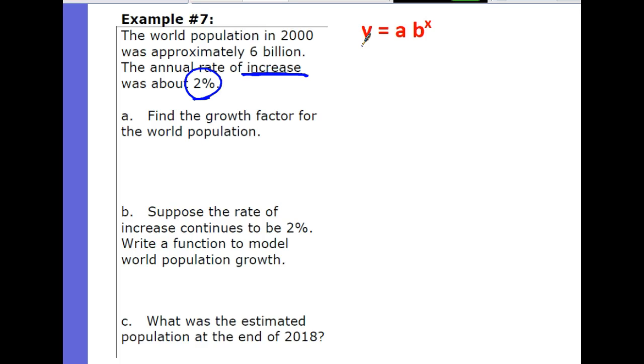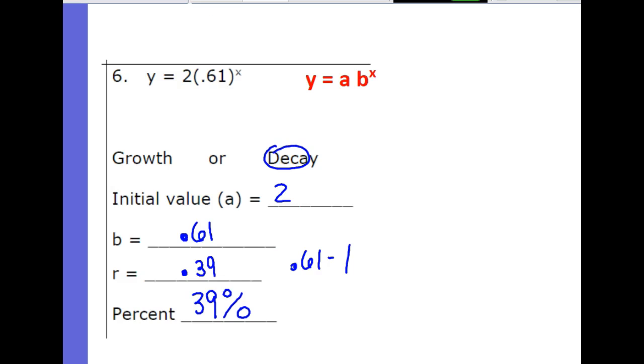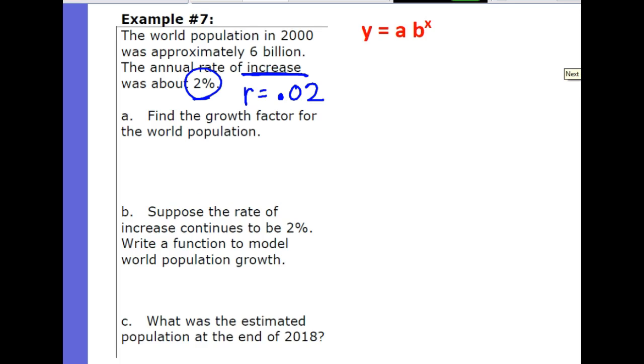So the rate is going to be 0.02. If you multiply by 100 to go from decimal to percent, then to start with the percent and go backwards, you divide by 100 because percent means part out of 100.